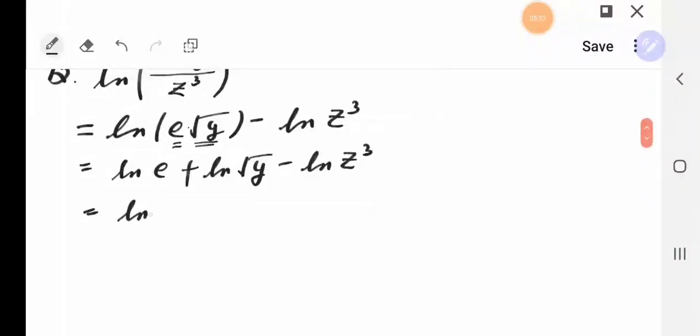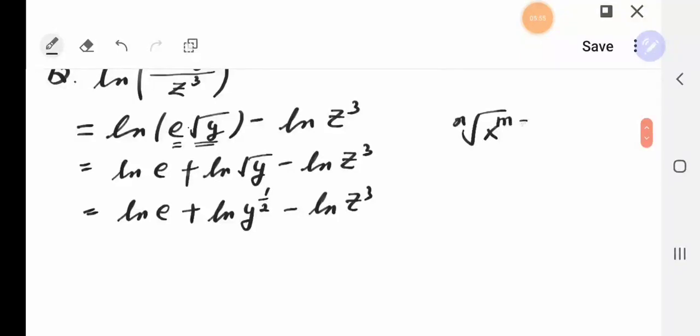Okay, let's write one more time. Ln square root of y. Square root of y can be written as y to the 1/2 power, minus ln z cubed. For the second one, do you remember converting the nth root of x to the m power? Then we can make this radical into exponential form.